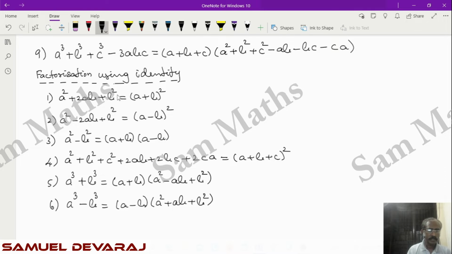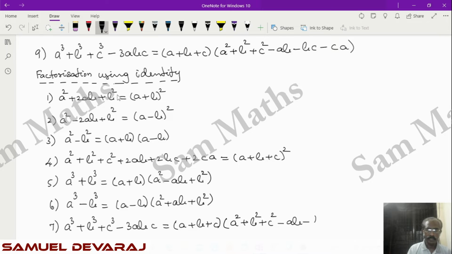Then the seventh one, already we discussed that: a³ + b³ + c³ − 3abc = (a + b + c)(a² + b² + c² − ab − bc − ca).